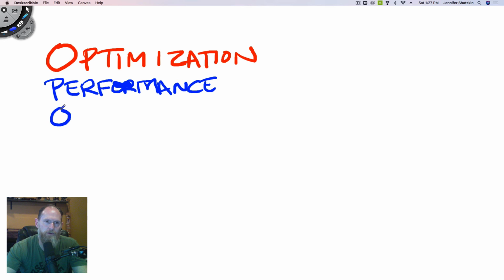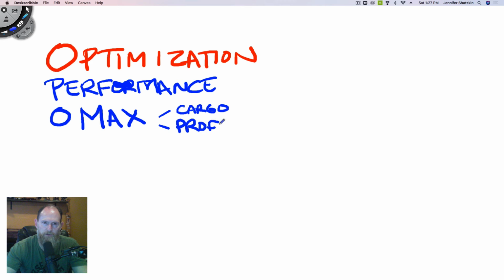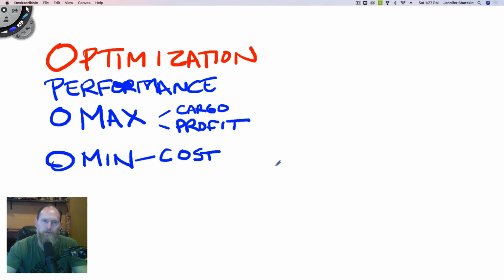We either do it by defining a maximum. Okay, so this might be the max of cargo that we could move through a route, but most often the max profit we could achieve by using a certain logistics network, or a minimum. And here, our leading thing that we seek to minimize is most often cost.